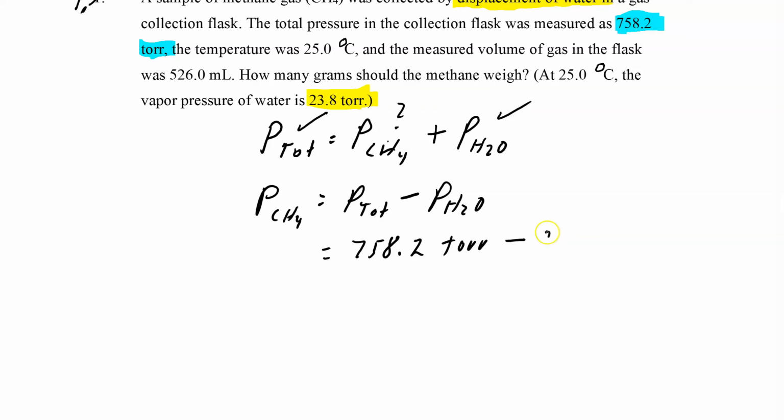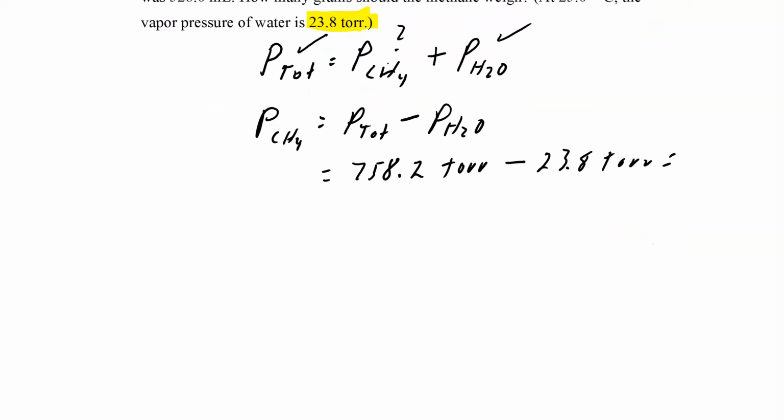And we're going to subtract from that 23.8 torr. We're told the vapor pressure of water at 25 degrees Celsius is that. When we subtract these two, we get a pressure of 734.4 torr. And that's going to be the pressure of our methane, CH4.